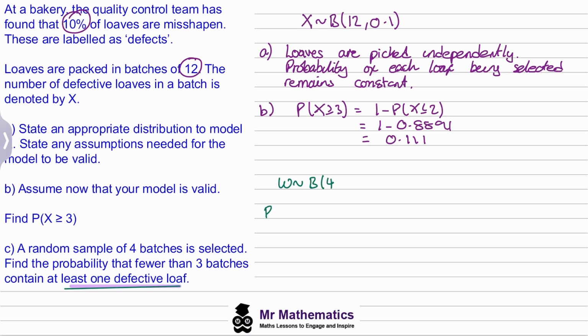And this is the probability of X being greater than or equal to 1, which is the same as 1 minus the probability of X equaling 0. We can work out X equals 0 as 1 minus 0.2824. So for X being greater than or equal to 1, we'll get 0.7176. So this will be the probability in our model for W.